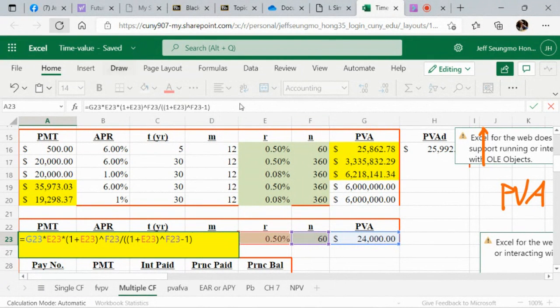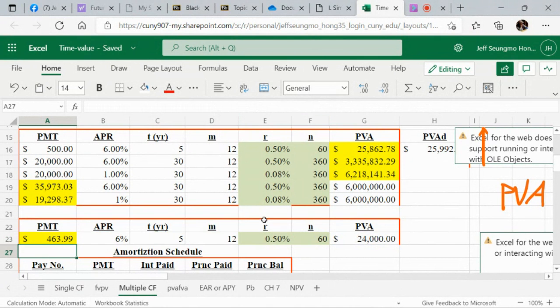Okay, hit enter, and there you go. We got 463.99, which is almost 464.